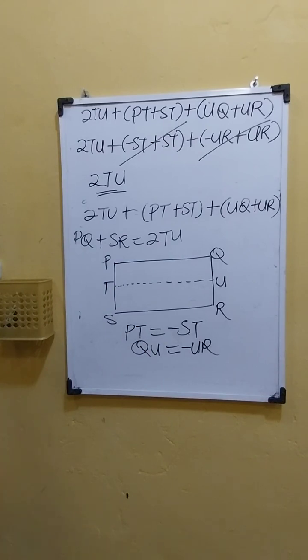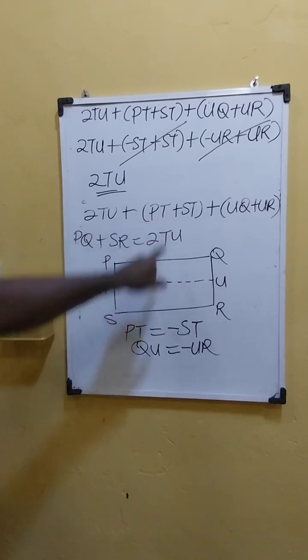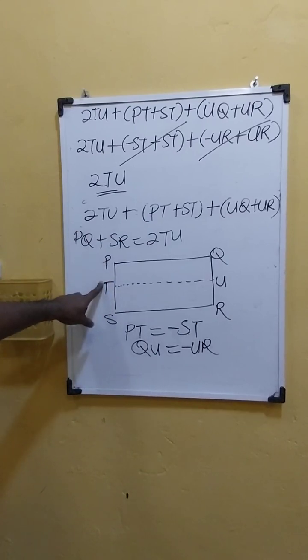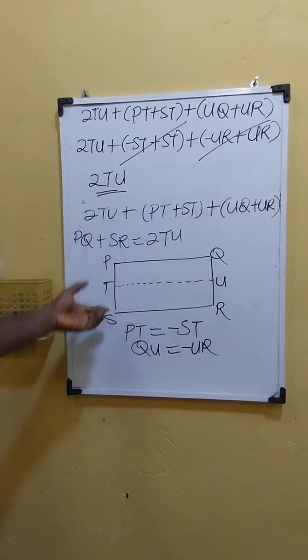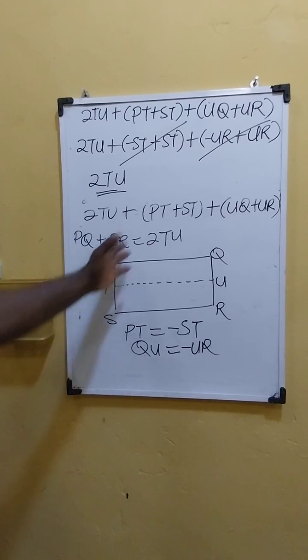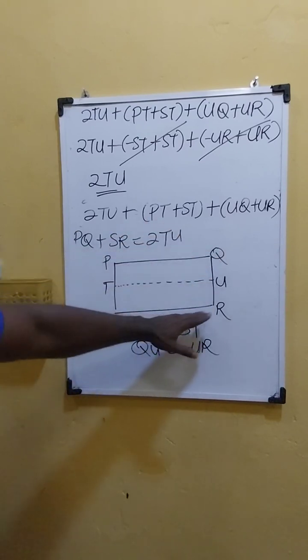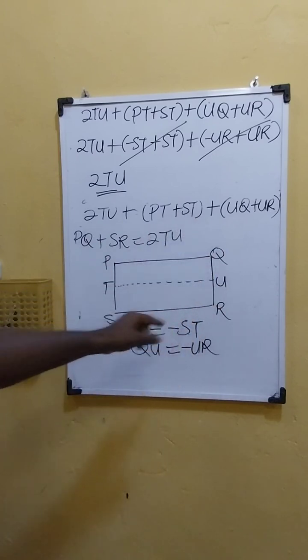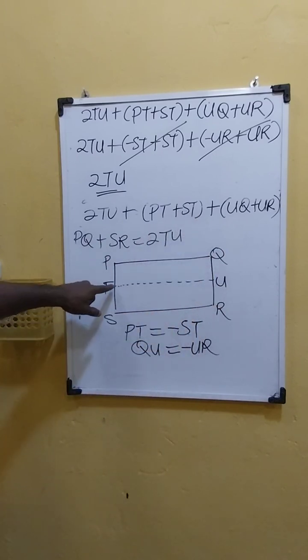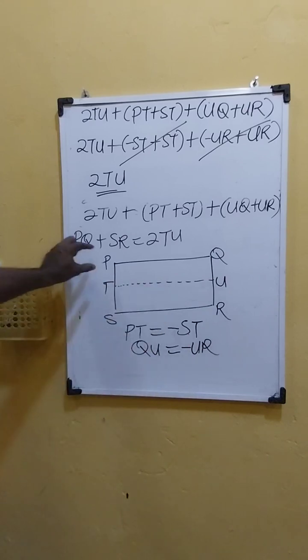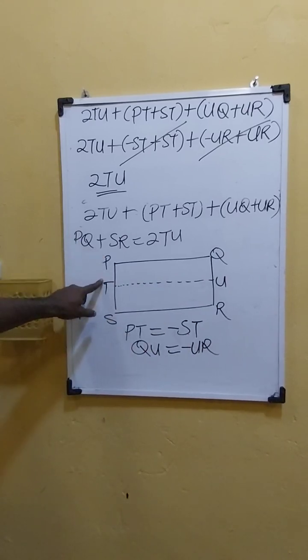So what you need to do now, you have to go back to the diagram. What is PT in the diagram? PT is actually equal to the other part, because this is a quadrilateral. This part is equal to this part. This part is equal to this part. And they told you that it has a midpoint. So that midpoint means that this point and this point should be equal.